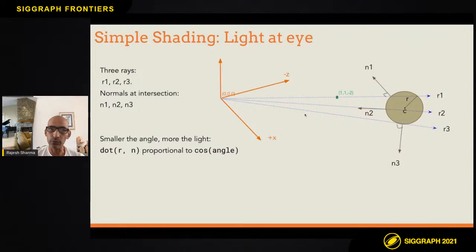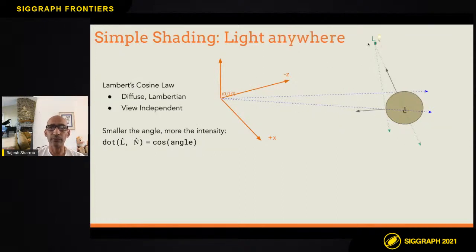And what we can do, the light doesn't have to be at the head. We don't have to have the light exactly at the head. We can move the light anywhere. So what we can then do is move the light somewhere else into our scene and use the same mechanism, basically. We take the normal at the hit point, and this time, instead of taking the angle from the viewpoint, we take the angle from the light itself.